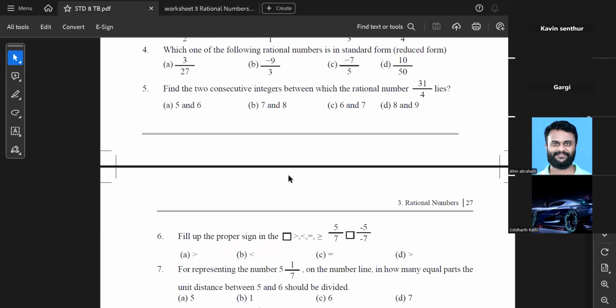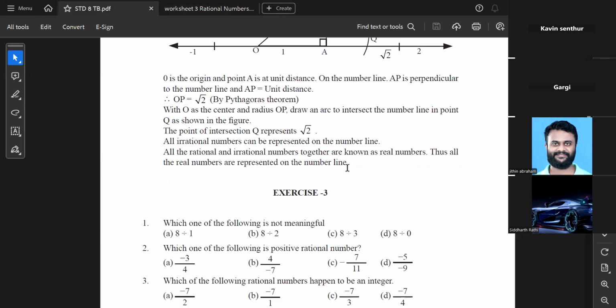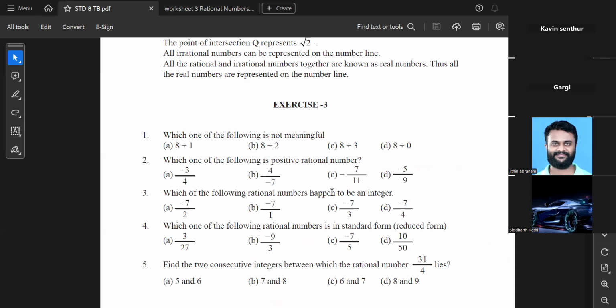What are these exercise questions? We learn a chapter, and after learning a chapter, we need some questions to practice, to make our skills a little better. So the practice questions are generally not so tough. They will be comparatively easier, but the worksheet questions will be tougher.